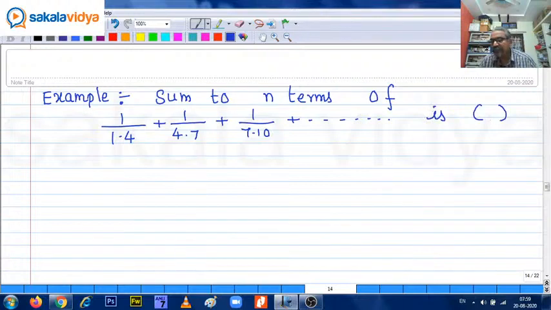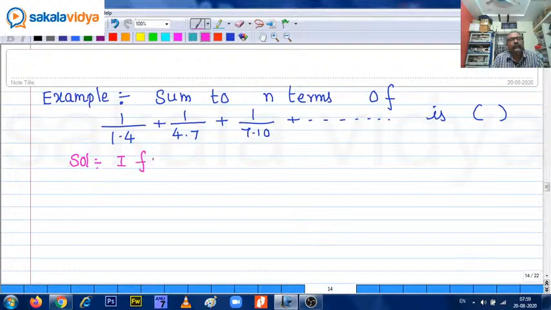So let us do this problem. First, write down the first factors.